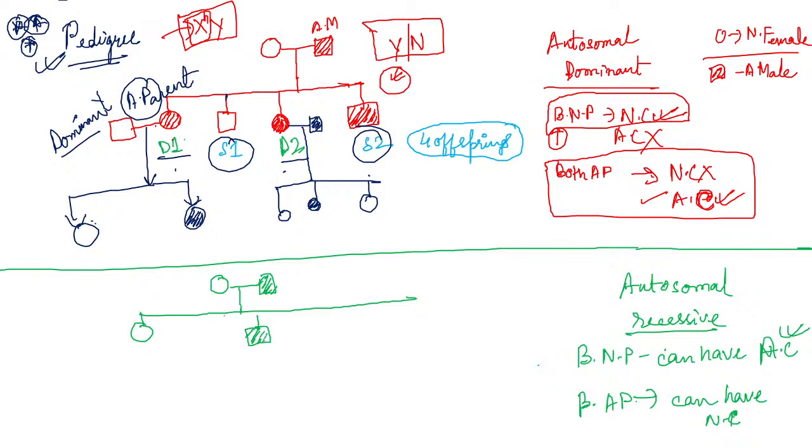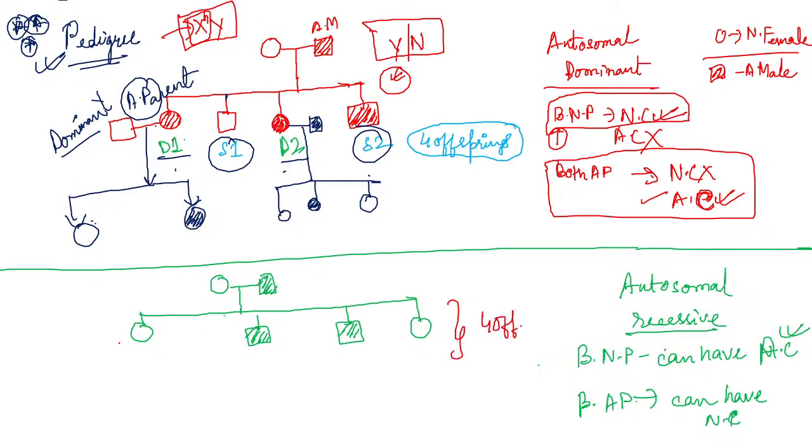The male is affected. Okay. So these are the offspring that we are getting, 4 offspring. Okay, there's no marriage, I'll not show the marriage now. But here we are getting 4 offspring, right?